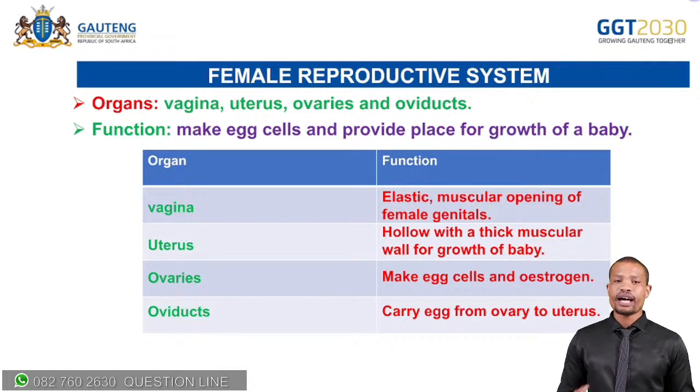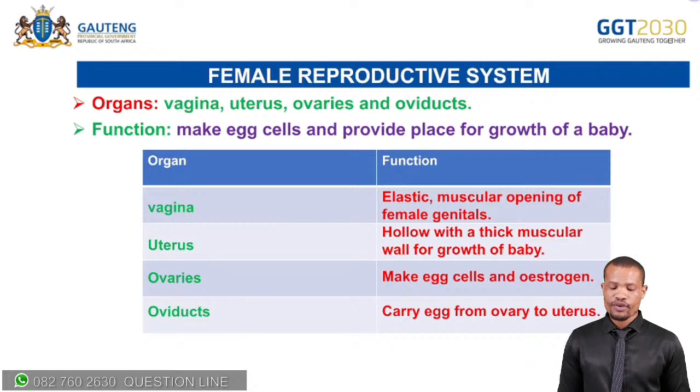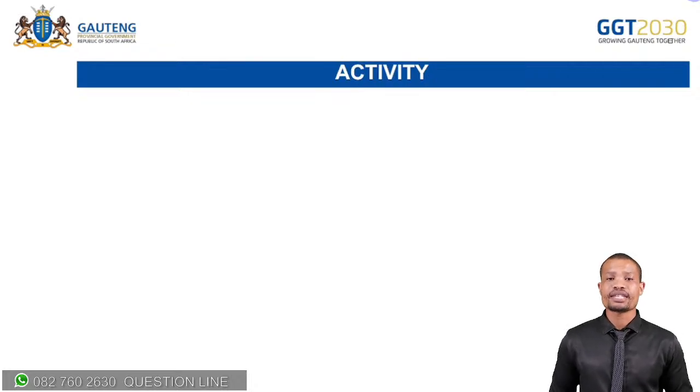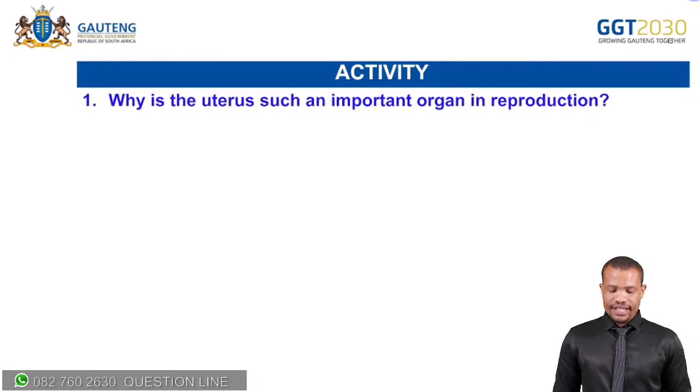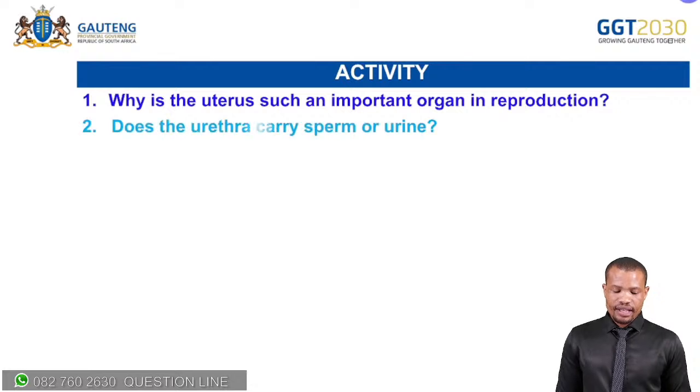Right. So now that we are done with this, let's move on to our activity. The first question says, why is the uterus such an important organ in reproduction? Second question, does the urethra carry sperm or urine?